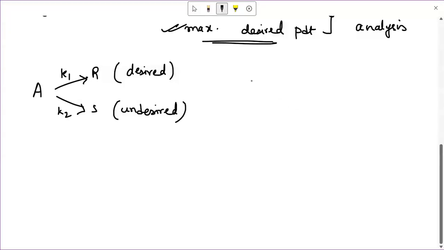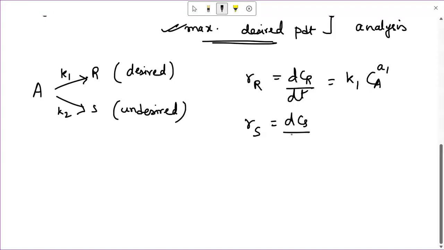Now the rate equations are given to us as rR equals dCR/dt, that is K1 CA to the power a1, a1 being the order of the reaction. rS is given as dCS/dt equals K2 CA to the power a2. These are the rate equations given to us.